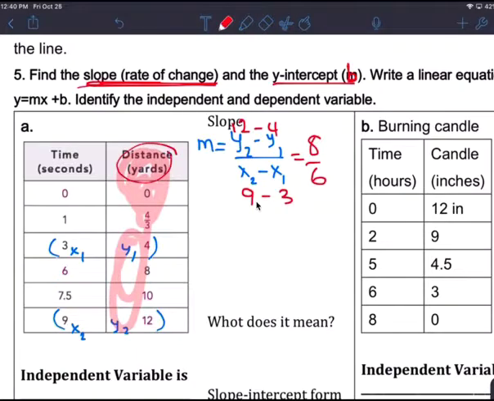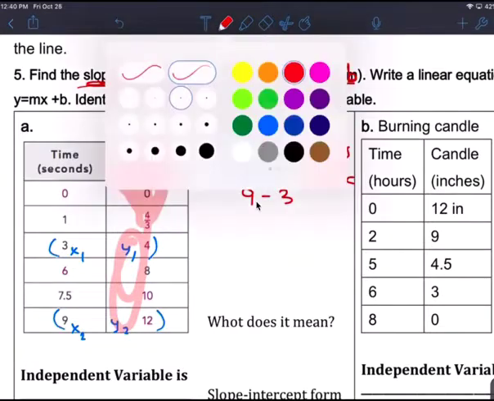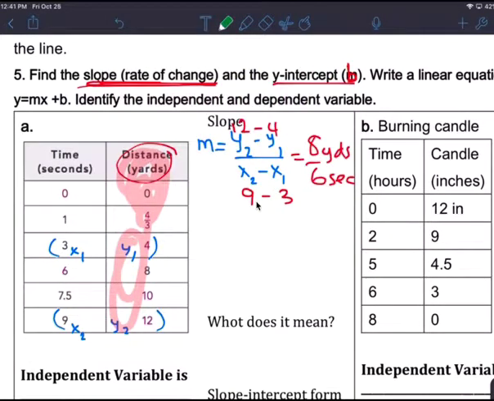These are yards, and these are seconds. 8 yards, 6 seconds. Okay, we can reduce by 2. 4 over 3 yards per second.